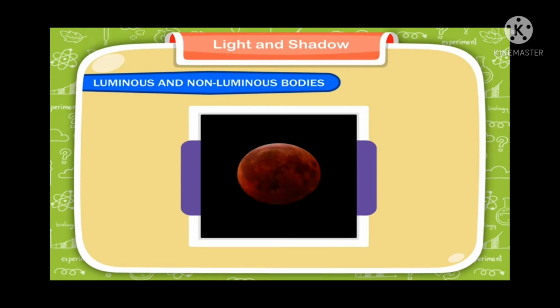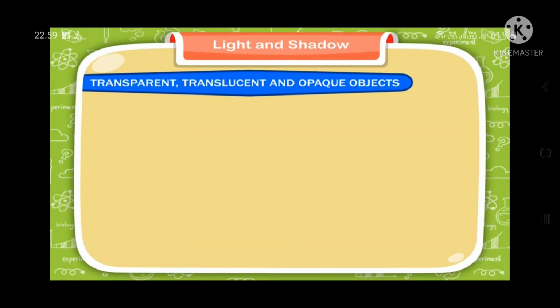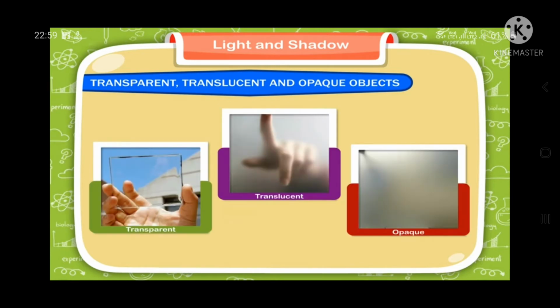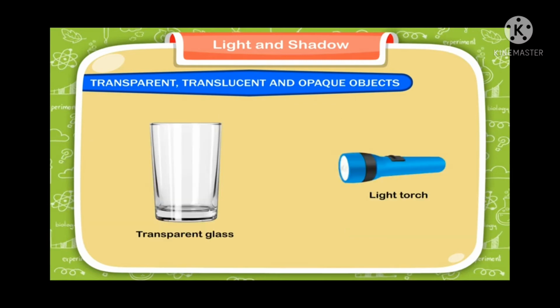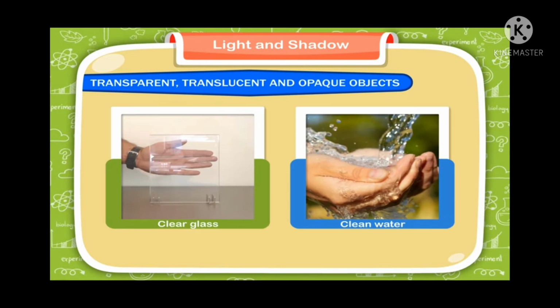Now, what are transparent, translucent, and opaque objects? When light falls on any object, it can have any of three effects on it: transparent, translucent, and opaque. The objects that allow the light to pass through them completely are called transparent objects.